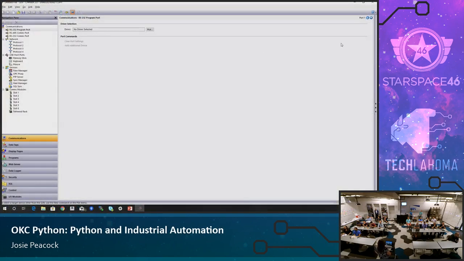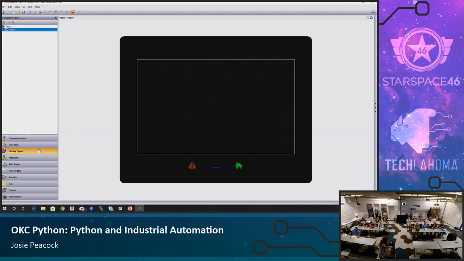Ta-da! And this is where we go about designing a web designer program, and the new one actually has an OPC UA server built in, which you can communicate with directly. There you go.